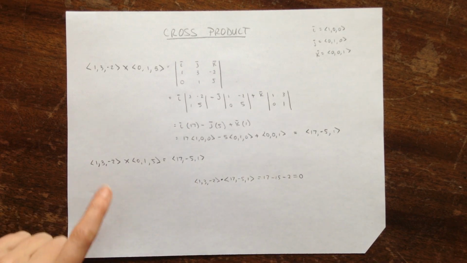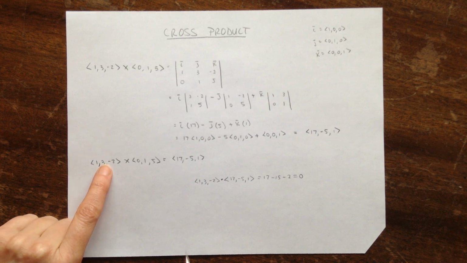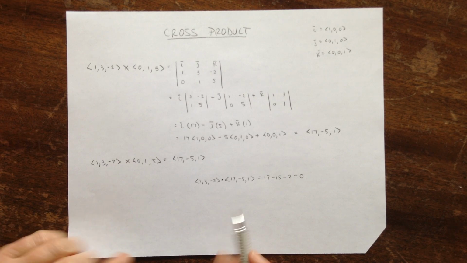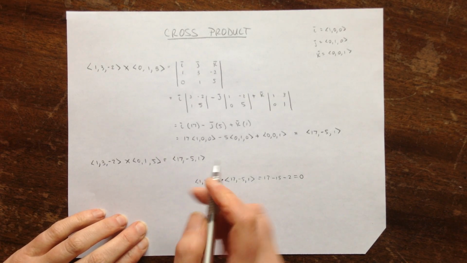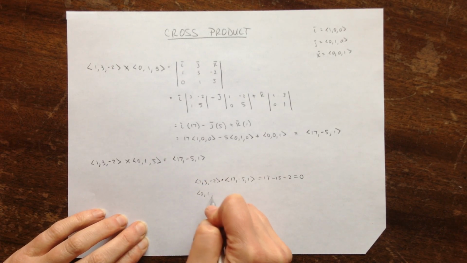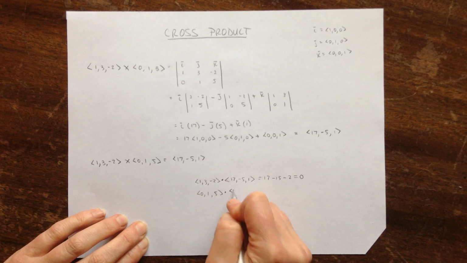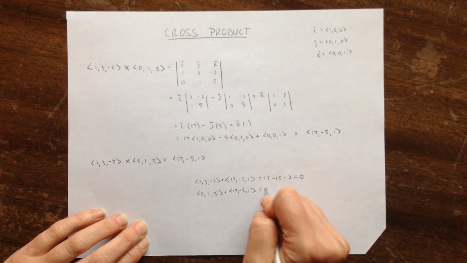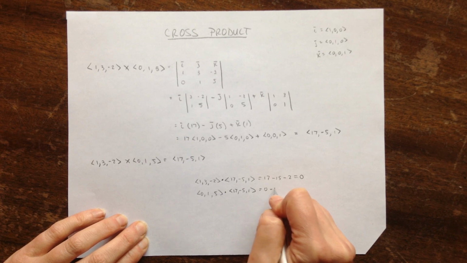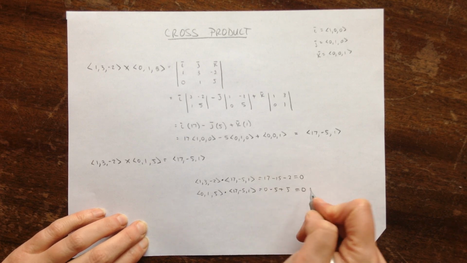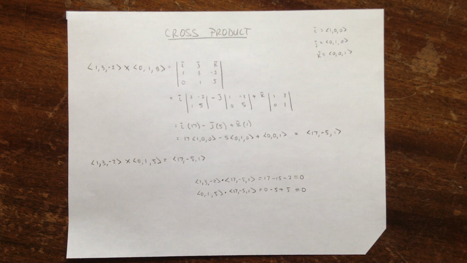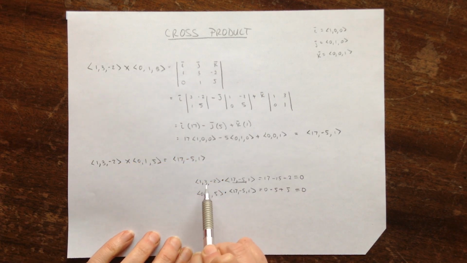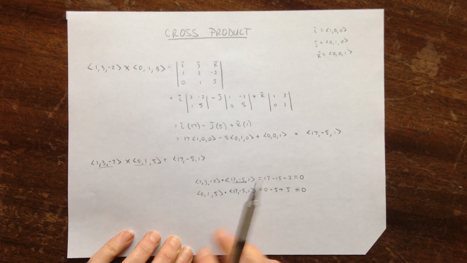It means that this vector and the cross product are orthogonal. And similarly, if you take the dot product of 0, 1, 5 with 17, negative 5, 1, you get 0 minus 5 plus 5, which is also 0. So the fact that the dot product here is 0 and here is 0 means that this cross product is orthogonal to these two factors in the cross product.